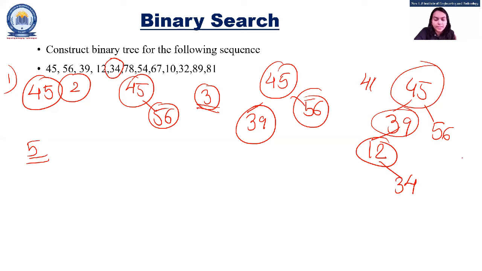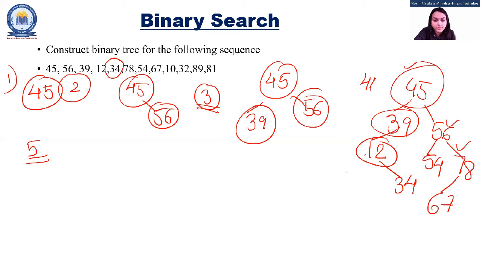Then we have 78. It would be greater than 45 and 56. Then we have 54. It is less than 56. Then we have 67. 67 is greater than 45, greater than 56, and less than 78. So it would be on the left of 78.